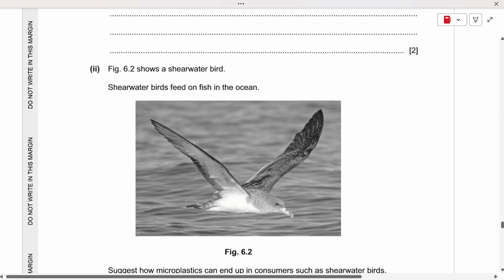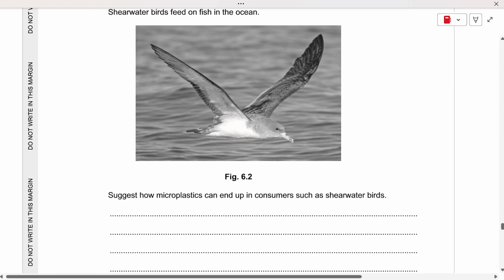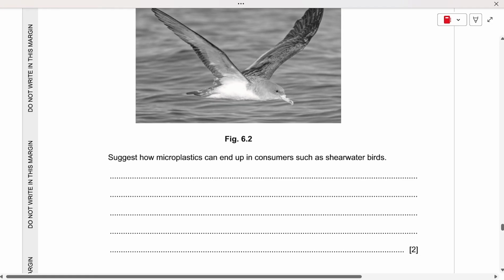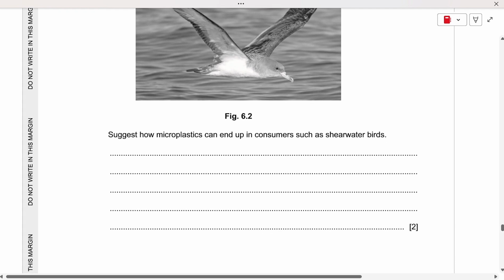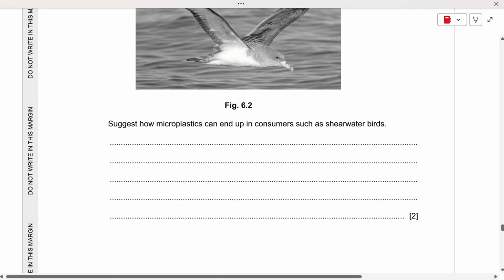Figure 6.2 shows a shearwater bird. Shearwater birds feed on fish in the ocean, as we can see it is flying above the water. Suggest how microplastics can end up in consumers such as shearwater birds. Now these organisms are feeding on what? On fish. Microplastics are so small, and apart from being so small, they don't decompose, they don't break down.